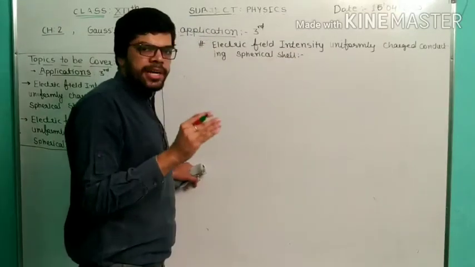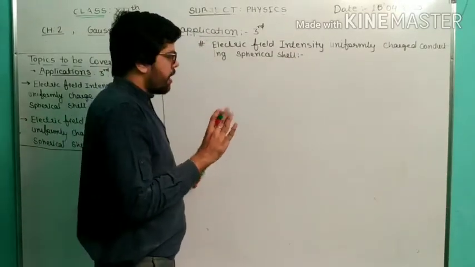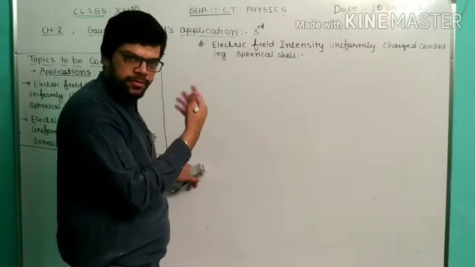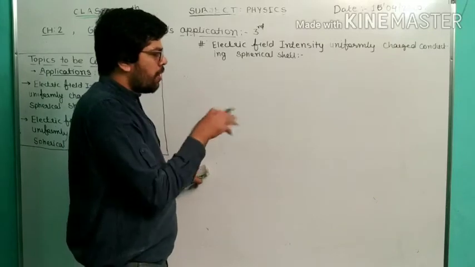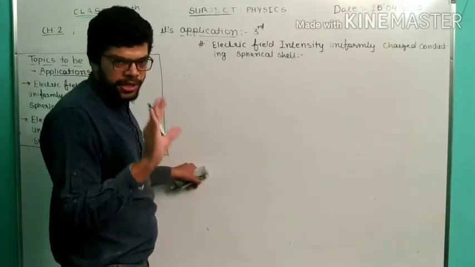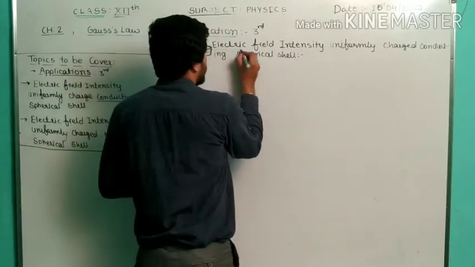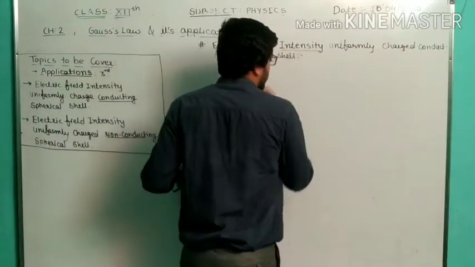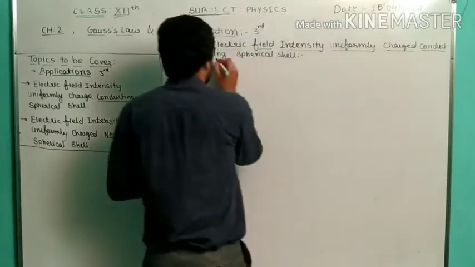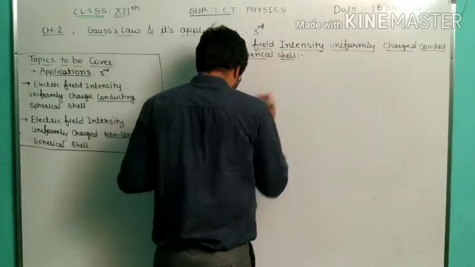Whatever understanding I give you orally, and the things which are very important to understand in written form, overall will be given to you in the PDF attached with this video. So we have to find out the electric field intensity of a uniformly charged conducting spherical shell.